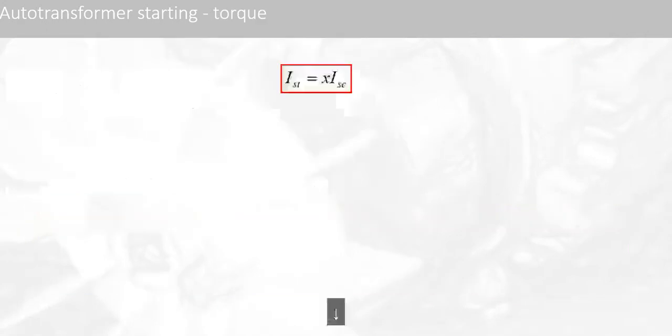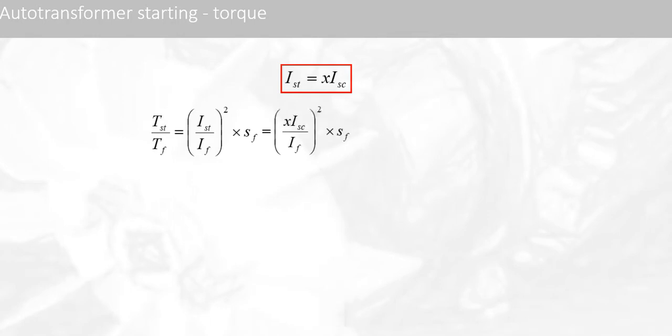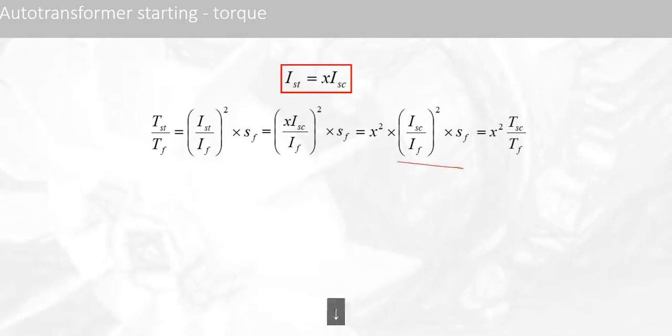The starting torque is given by the torque formula. We know that the starting current is equal to X into ISC, so just substitute this value in the torque formula. I get X squared into ISC squared divided by the rotor current squared into S into F. This term is nothing but the torque available in the DOL starting method.